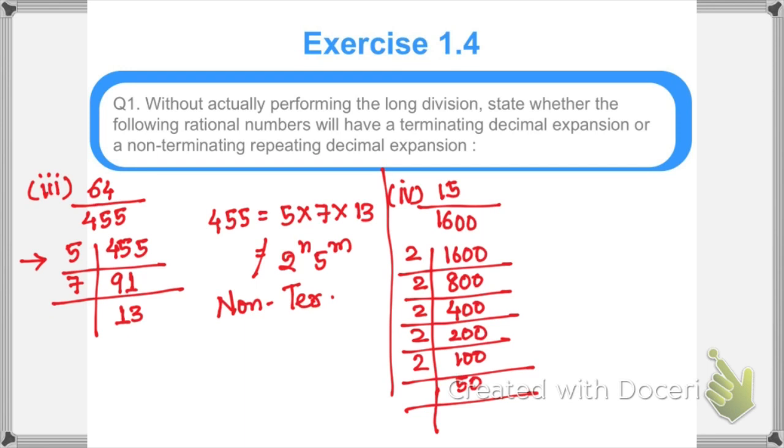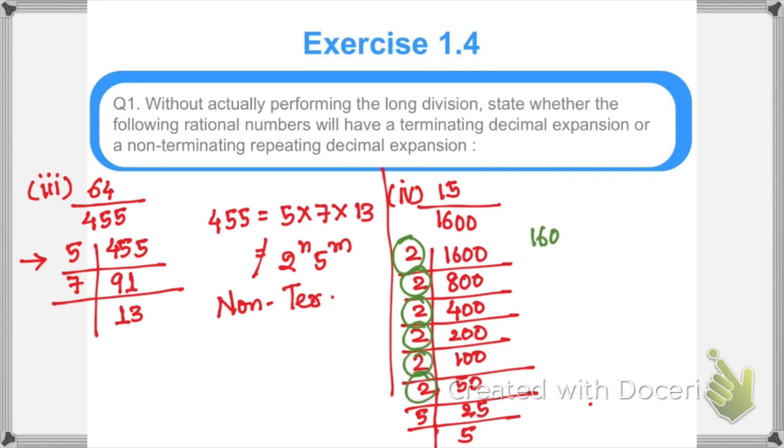Again it will be divisible by 2. 2 2s are 4, 2 5s are 10, 5 5s are 25. So here the number of 2s are 1, 2, 3, 4, 5, 6.